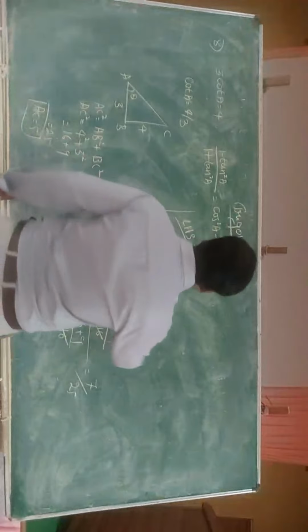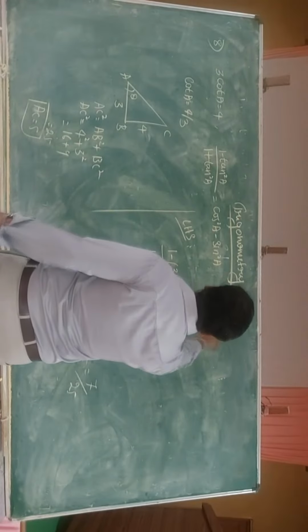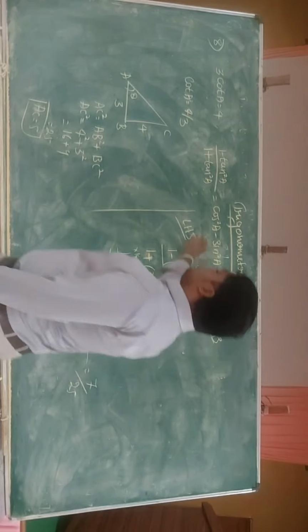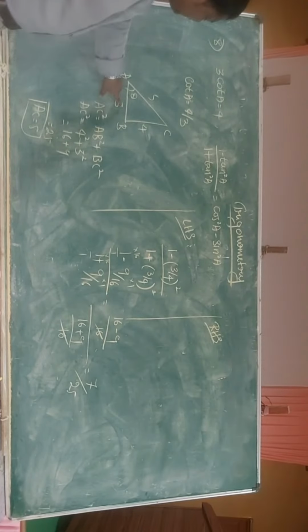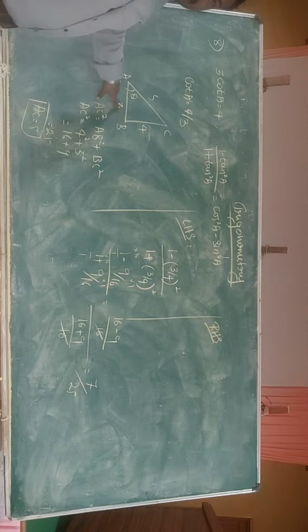Now we can check RHS, the right hand side. How do you define cos? Cos is equal to adjacent upon hypotenuse.